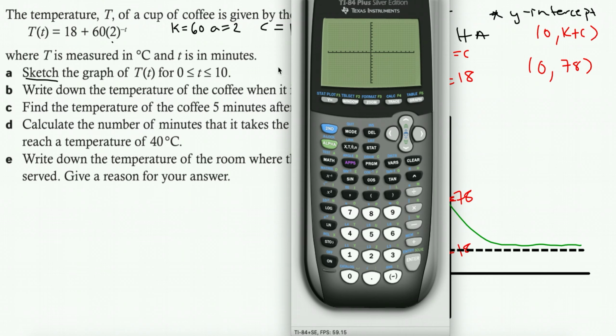So if I change the window, notice how it says t from 0 to 10. So if I go to zoom and window, I'll change my graph, let's say from 5 to 15, just to see all the values. And I know that my y goes up to quite a big value. So let's say my maximum is 80, and my minimum could be a negative 10.